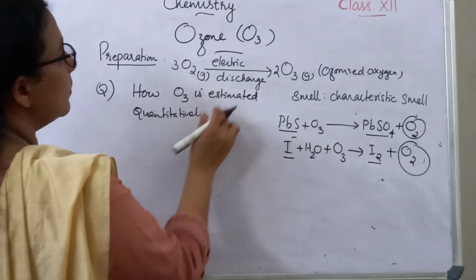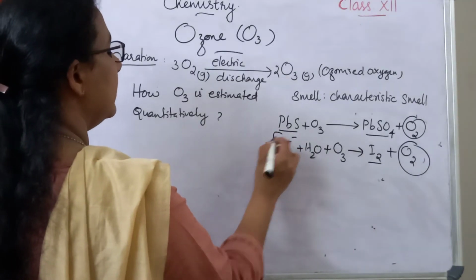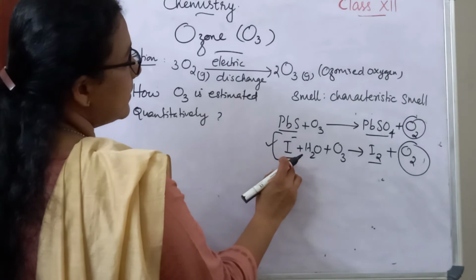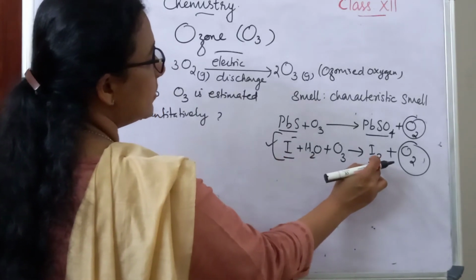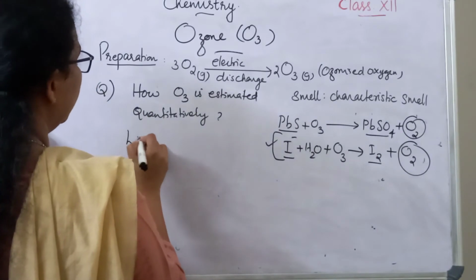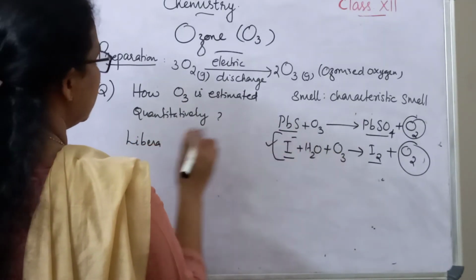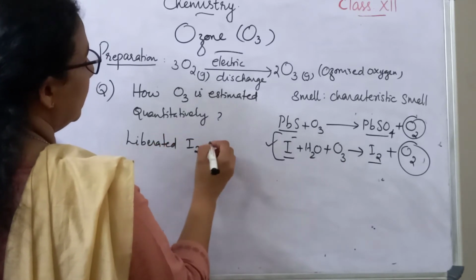From this reaction we can answer this question. If we are using iodide ions, we will get iodine. This liberated iodine is used for titration.